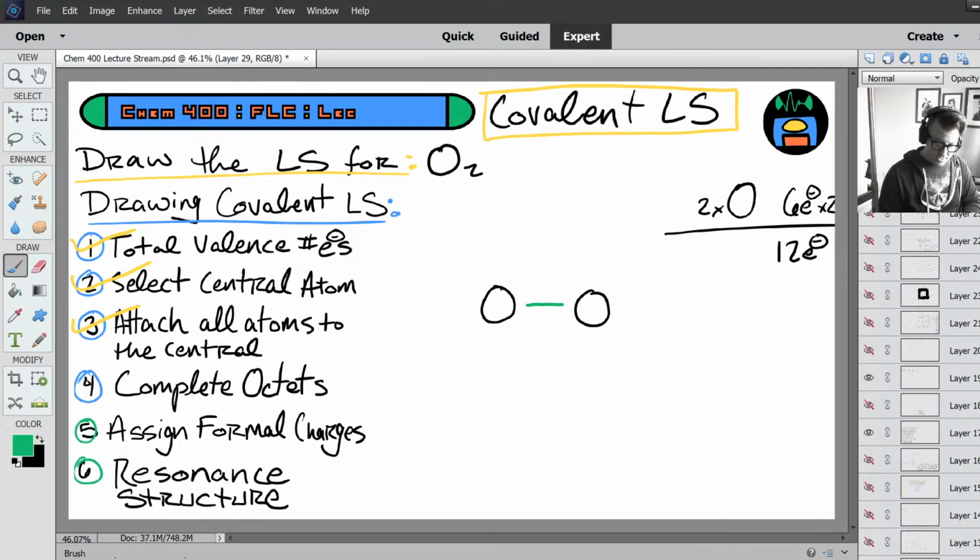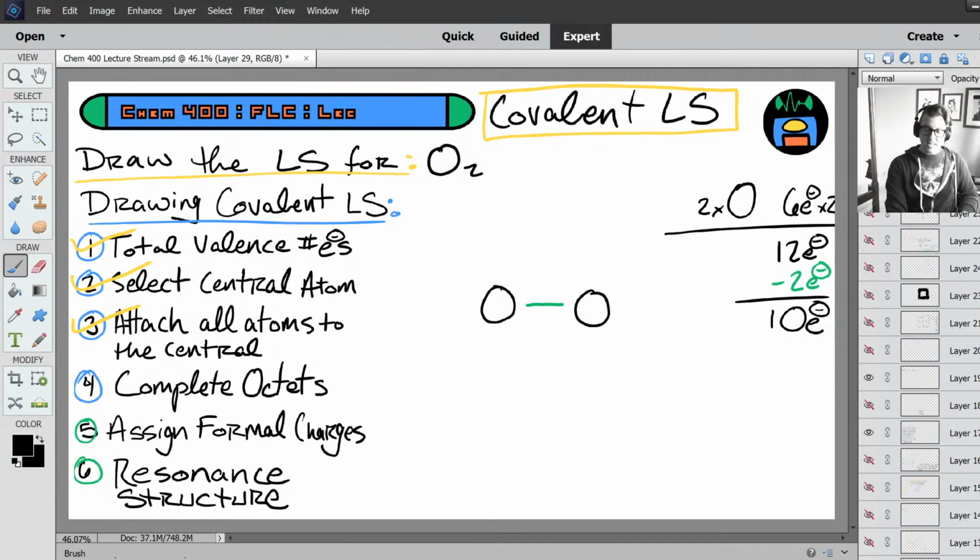We had to spend 2 electrons in our budget to attach these 2 together, leaving us with 10 electrons, and that brings us to step 4, where we need to complete our octets.